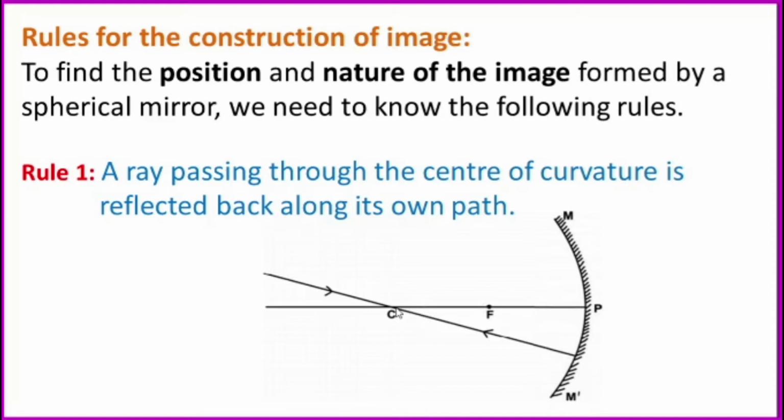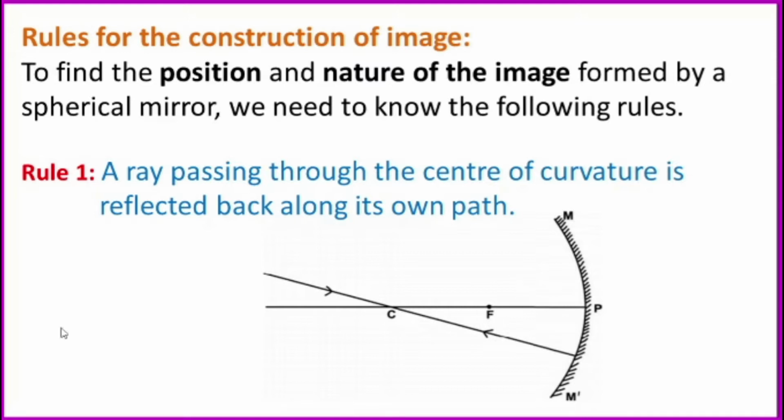So R means the distance between C and P. Then F, focus, principal focus. When a beam of light is incident on a spherical mirror, the reflected rays converge. You see, the reflected rays converge at a particular point, that is the focus, the principal focus.